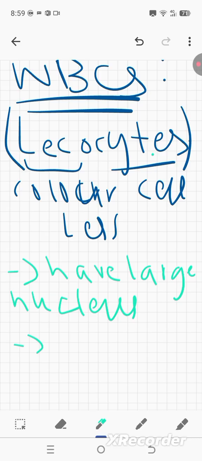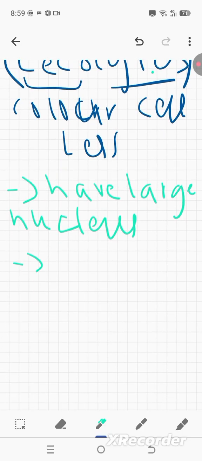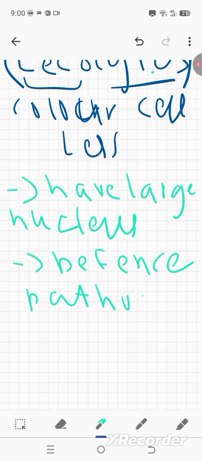You can say it is a large cell as compared to the red blood cell. And the function of white blood cell is to provide defense. It's a defense system against pathogens.